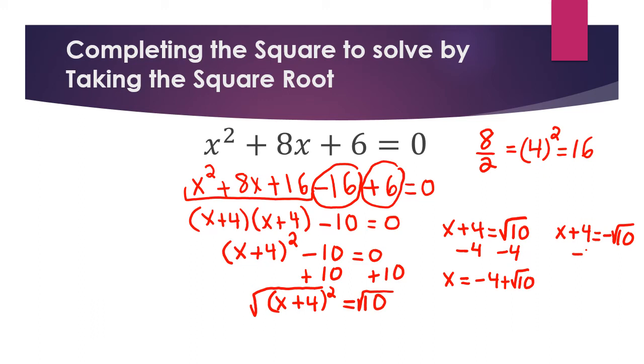Same way for the other equation, I have to take 4 away from both sides, and I'm going to end up with x equals negative 4 minus radical 10. Since radical 10 is in the simplest form, these two answers are in the simplest form for x.